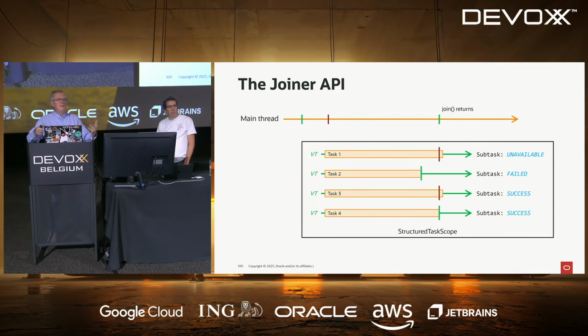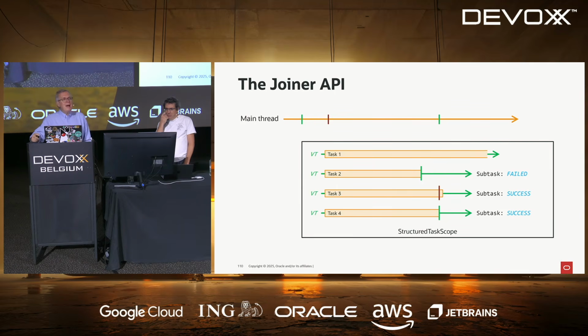And you can observe that, actually. It's quite easy to observe. Okay, so it's not because the thread has been interrupted that the subtask will be in the unavailable state all the time. And then, because the join returned, you can analyze the result of the subtasks, and at some point, you can produce a result, and then your scope will carry on. Okay?